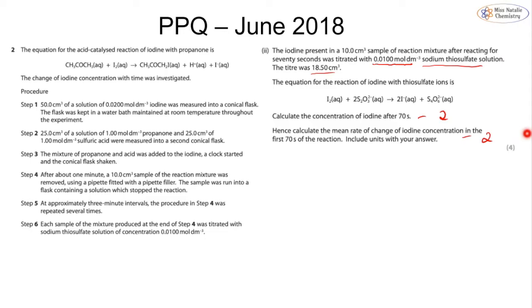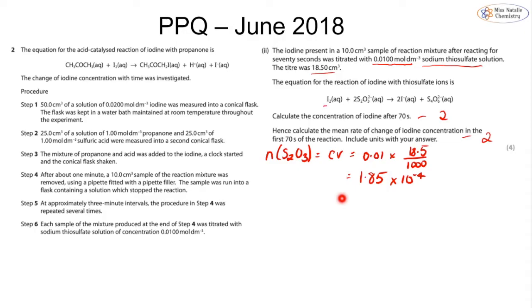So if we look at the concentration first of all, well, we can work out the number of moles of the sodium thiosulfate. And that is going to be concentration times volume. So we have 0.01 times 18.5 divided by 1,000. And that's going to give us an answer of 1.85 times 10 to the minus 4.